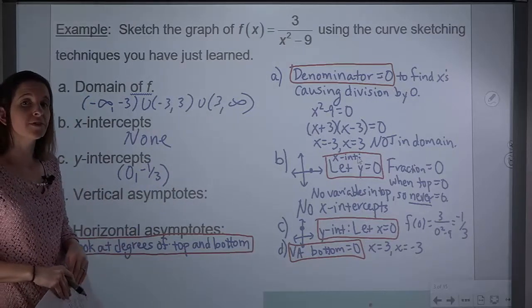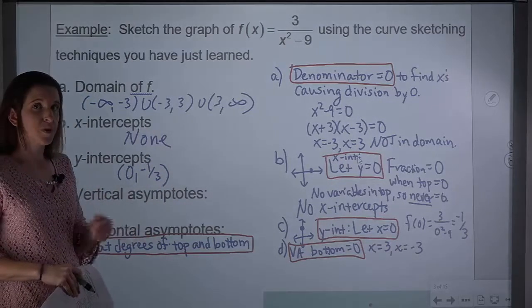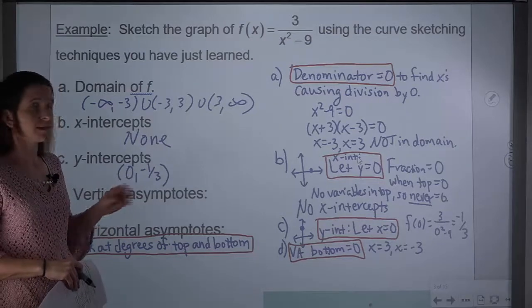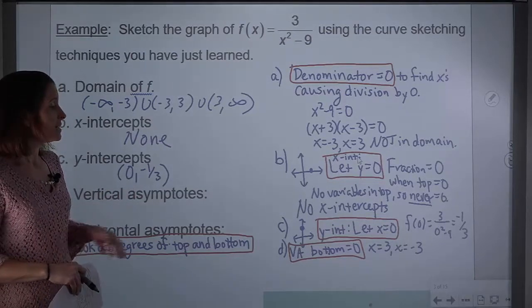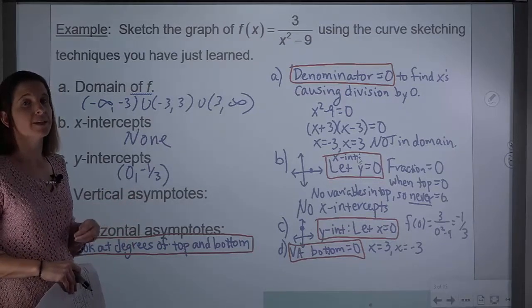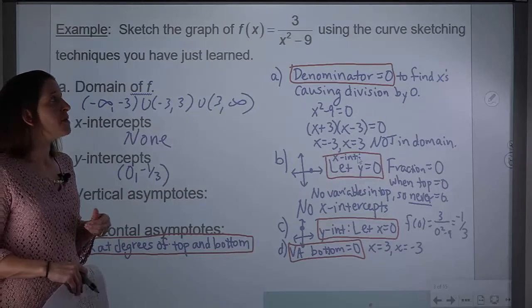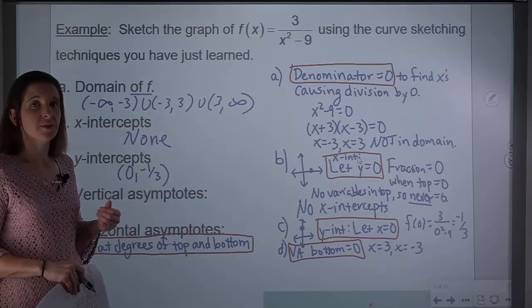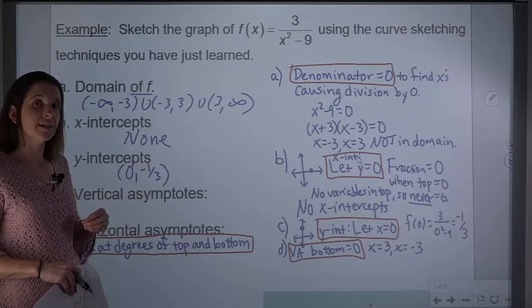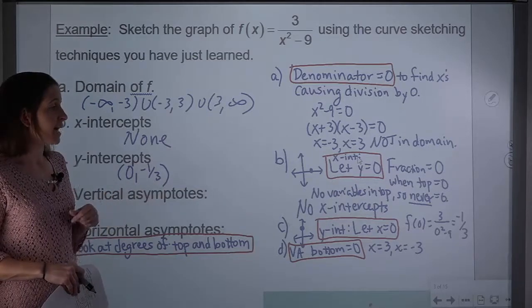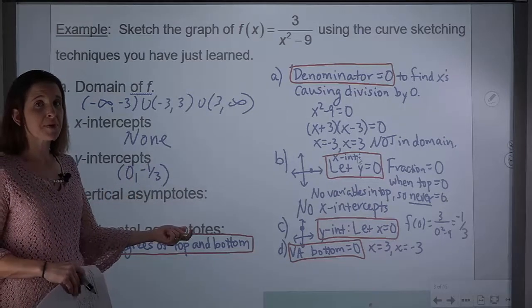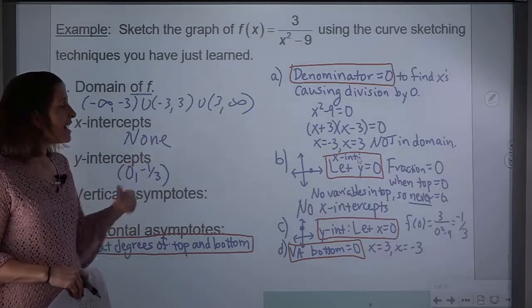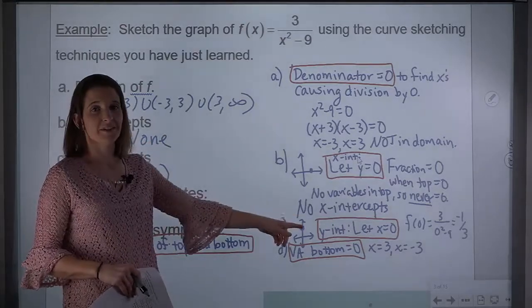Okay, next we have vertical asymptotes. And you hopefully were reviewing this before you got to this part of the notes as well. And with those vertical asymptotes, we're setting the denominator equal to 0. Now remember, if there were common factors that would have simplified first, we would have done that before setting the denominator equal to 0, but that did not happen here. So I set the bottom equal to 0. I've actually already done that. And what I get is 3 and negative 3. Why?